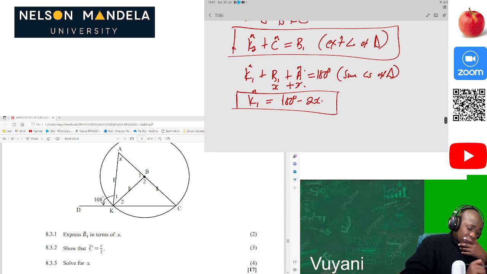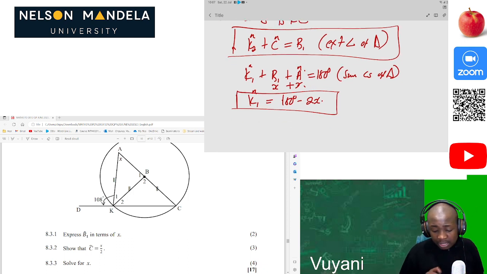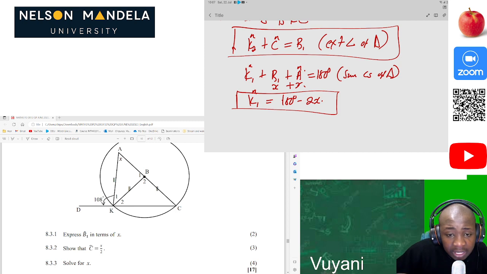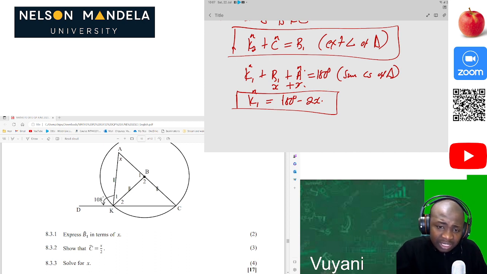Now we want to know the value of C. How do we calculate the value of C there? We can see K2, which we have already written down there. Is it important to know K2? Let's check.